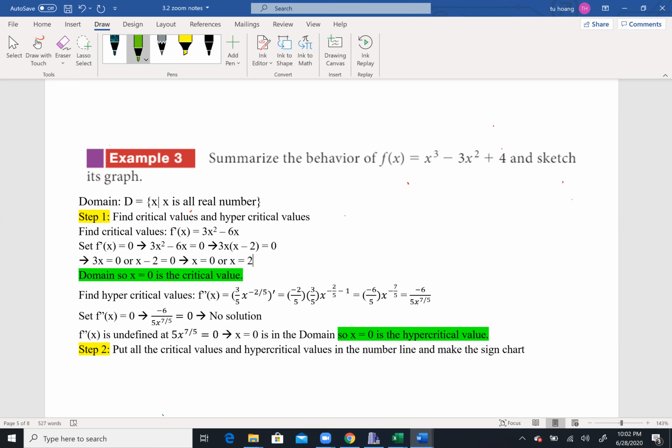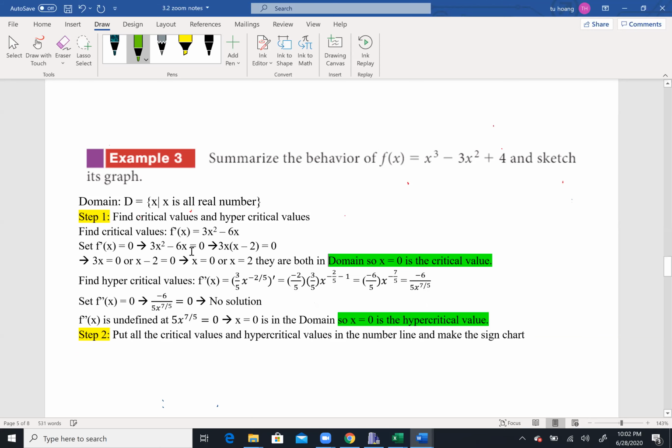And they are both in the domain. So x equal to 0 and 2 are the critical values. Okay.